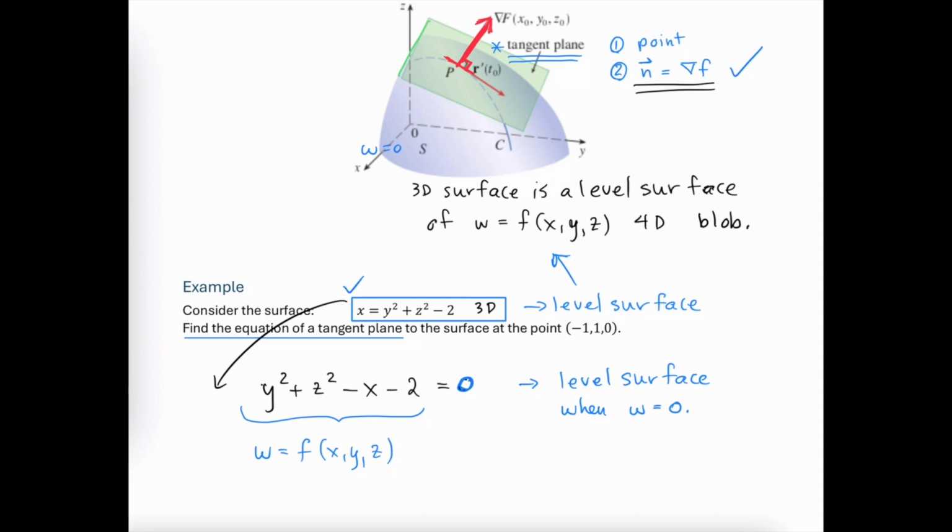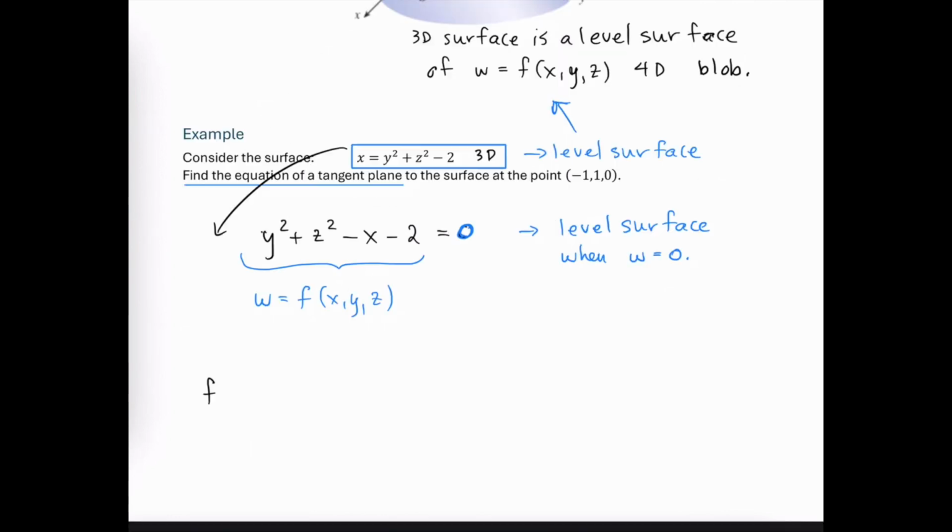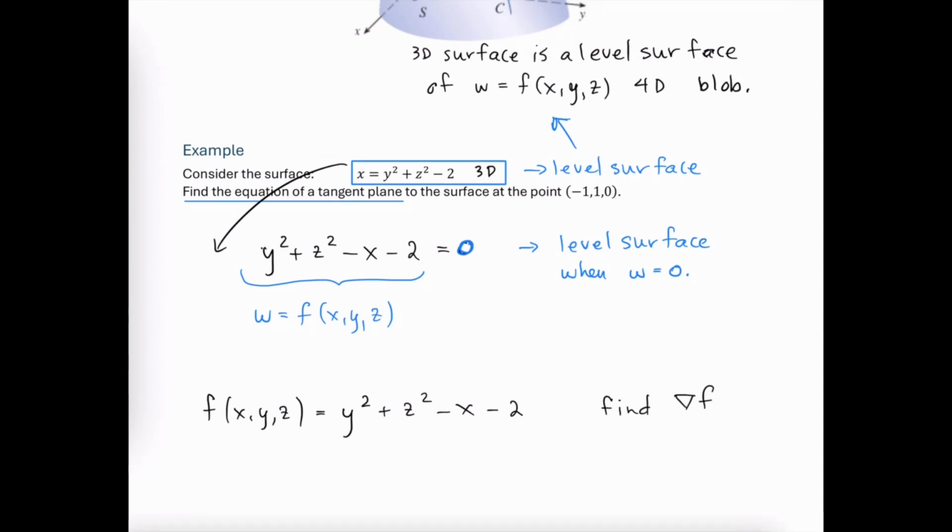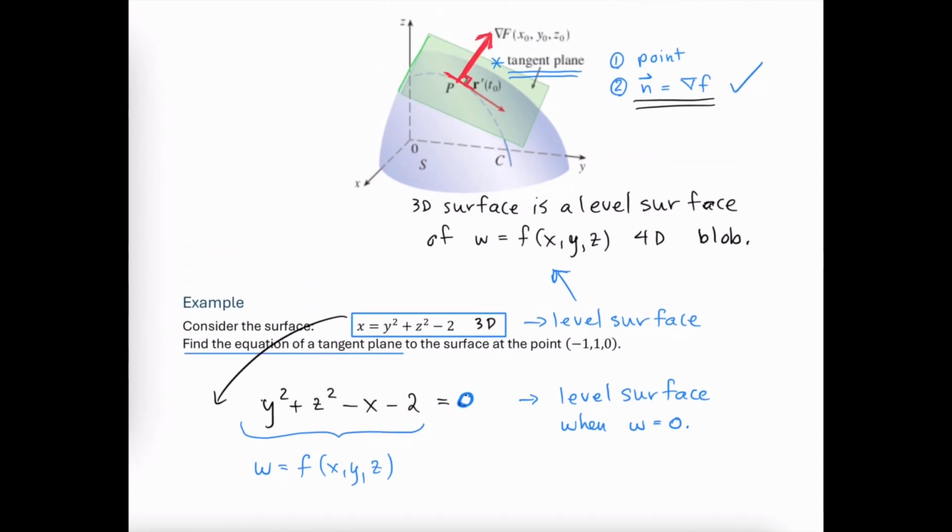So our level surface is when w is equal to 0, and then we might have another level surface out here when w is equal to 1, and so on. So we're going to let our 4D function be equal to y squared plus z squared minus x minus 2, and we want to find the gradient of this four-dimensional function because that gradient of the 4D function is a 3D vector that's perpendicular to the tangent plane, and that's the tangent plane that we're after.